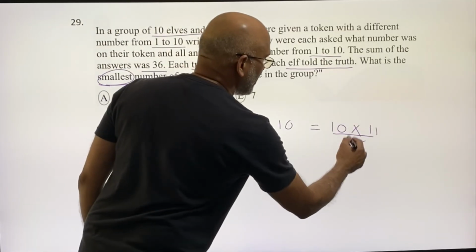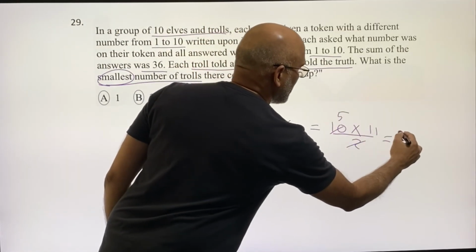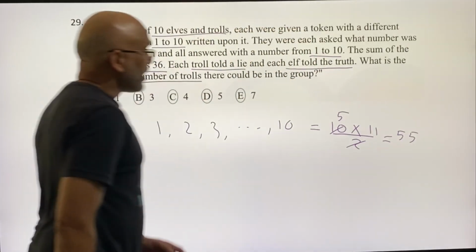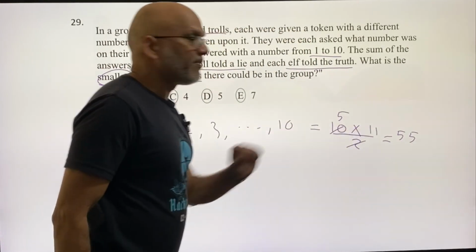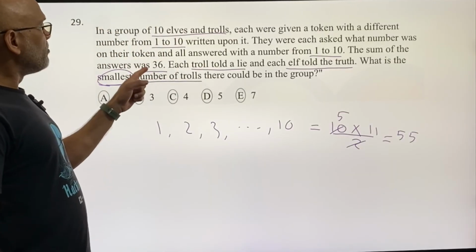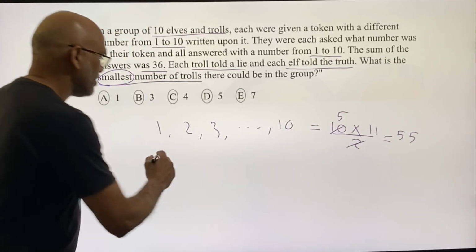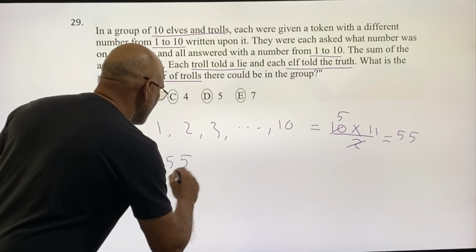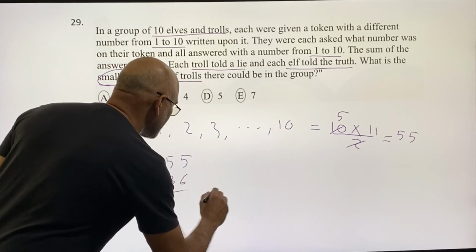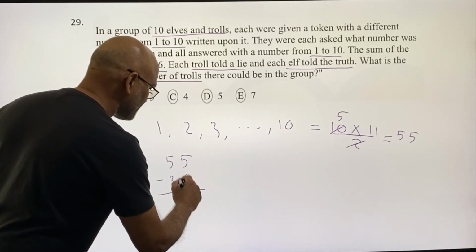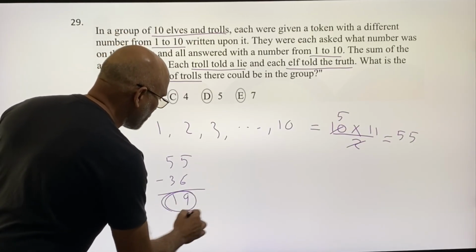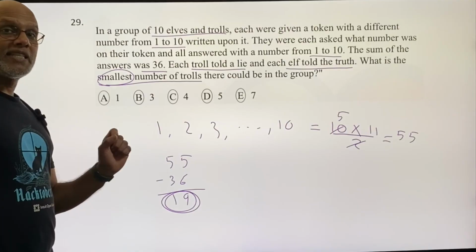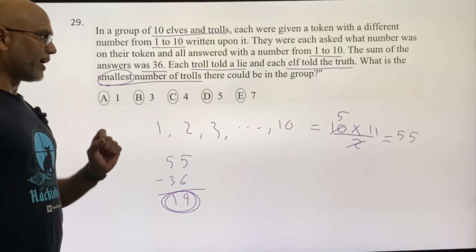So this would be 55. So if everyone told the truth, the sum would have been 55. But the sum we are getting is 36. So 55 minus 36 is 19. So we are getting 19 less than we should get.